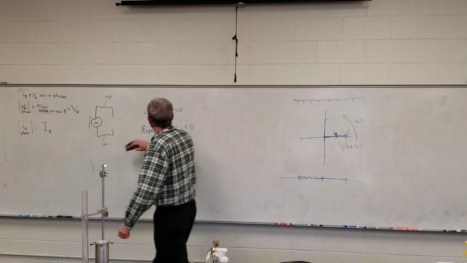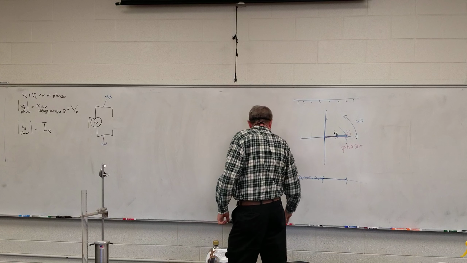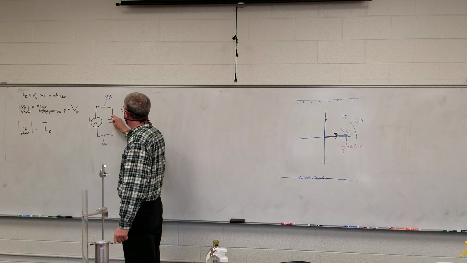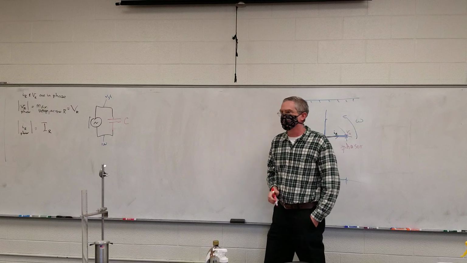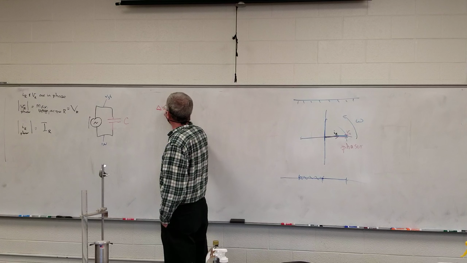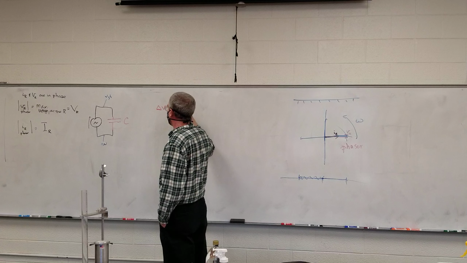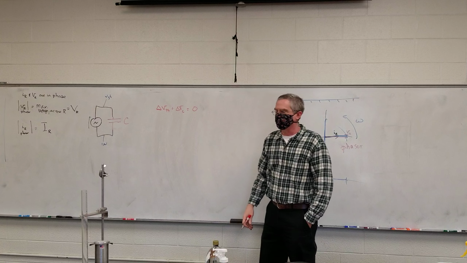All right, so we got those rules up there. Let's make a capacitor now. So delta V from the power supply plus delta V from, although I'm dropping the delta at some point, of the capacitor is equal to 0. Same start as before.